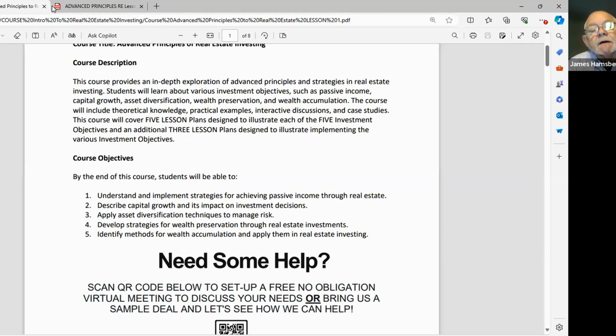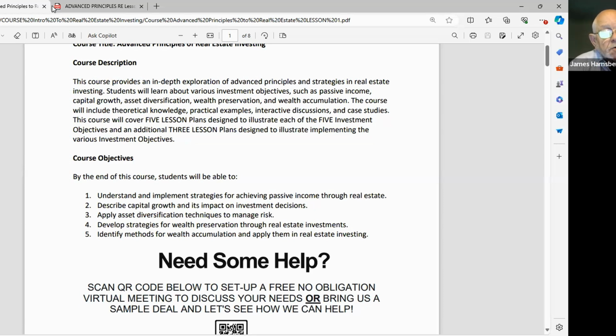By the end of this course, you should be able to understand and implement strategies for achieving passive income investing in real estate. You should be able to describe and apply capital growth strategies and their impact on your investment decisions.